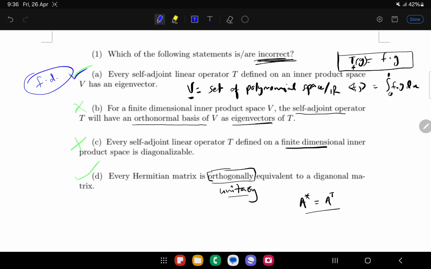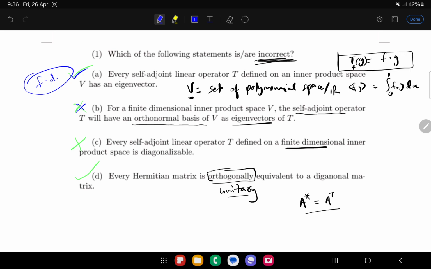For a finite dimensional inner product space, the self-adjoint operator T will have an orthonormal basis of eigenvectors. This statement is true. We discussed it above. So this is true. That is why this option is incorrect.